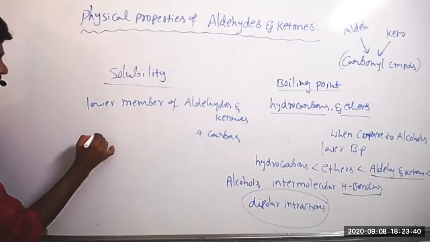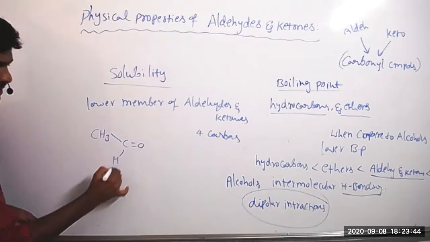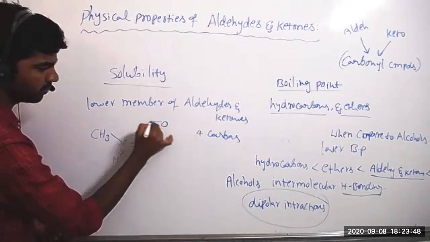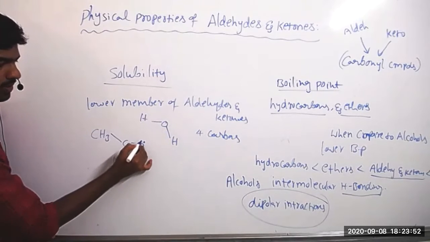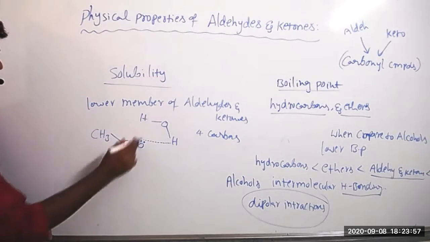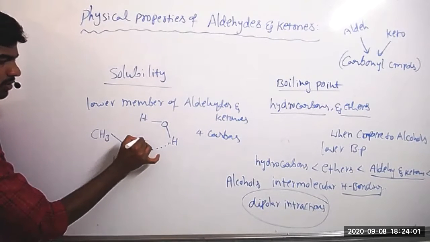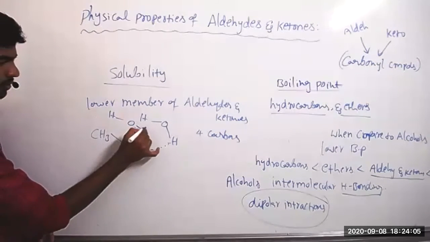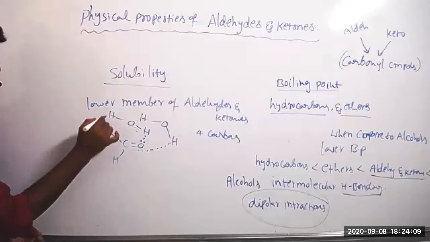See how they can form. Acetaldehyde, here a water molecule. This oxygen has lone pairs of electrons, it can bond to this hydrogen. Even this oxygen has 2 lone pairs, no? It can bond to the hydrogen of another water molecule. That's why these are soluble in water.